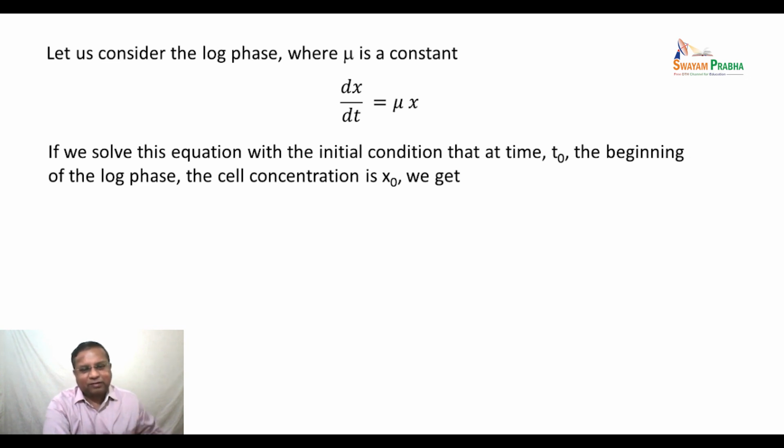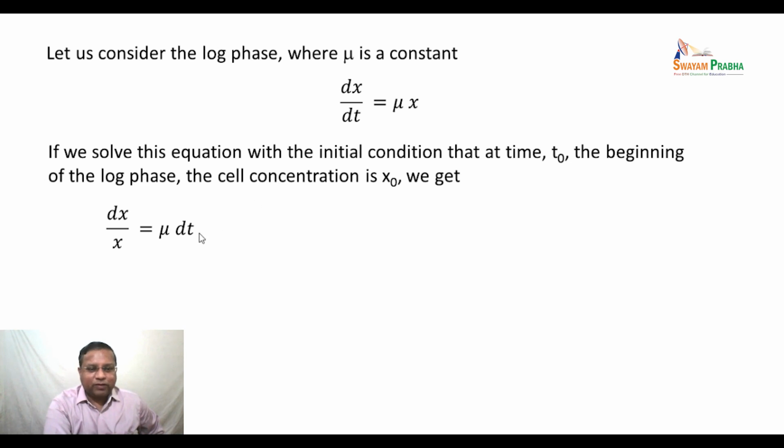It's not changed much, but it has changed a little bit. So you need to have clarity on what x0 actually is, because this model where mu is a constant is applicable only to the log phase, not any other phase.